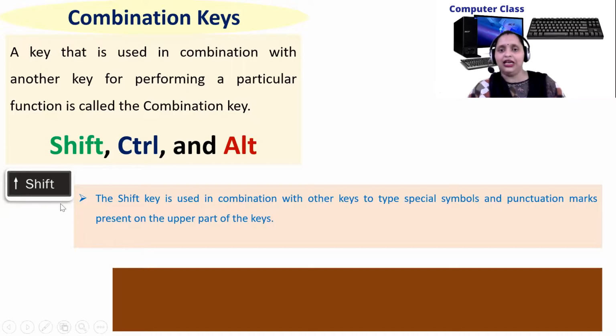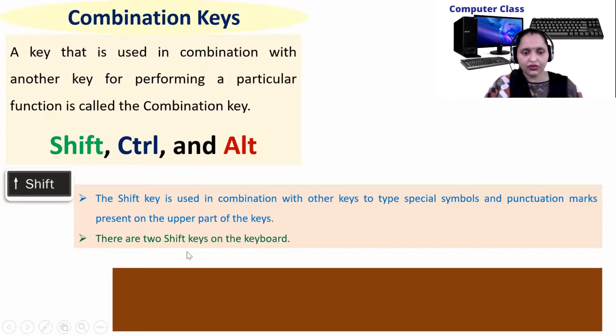Then I will see the alphabet Y in capital letters on my screen. Next, how many shift keys are there on the keyboard, children? Basically, there are two shift keys on a keyboard.